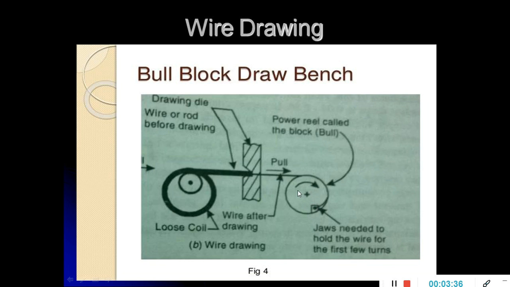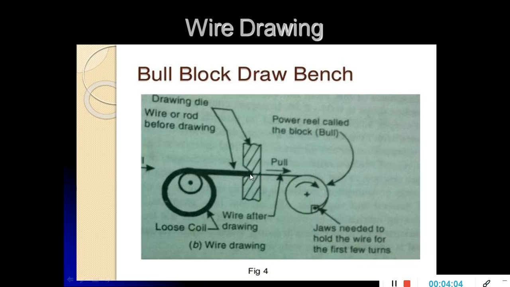Once it is clipped, the motor is started. The driven motor is placed in association with this bull block. When the bull block continuously rotates, the wire which is forced through the tapered surface of the die and locked here has its diameter considerably decreased.